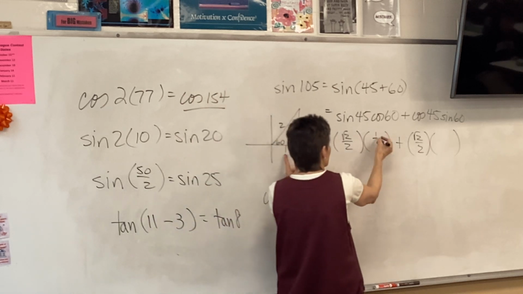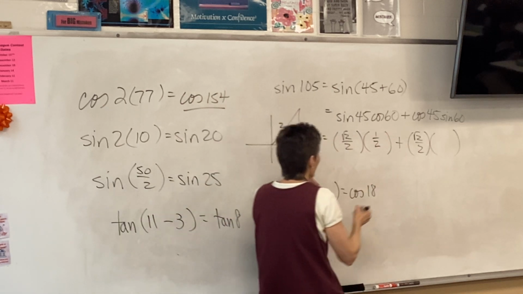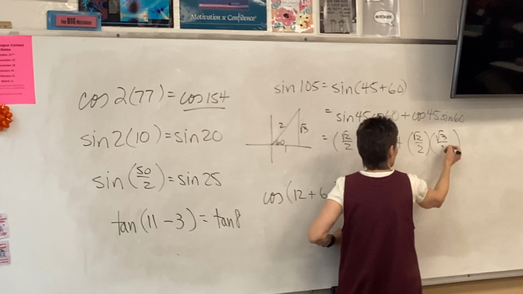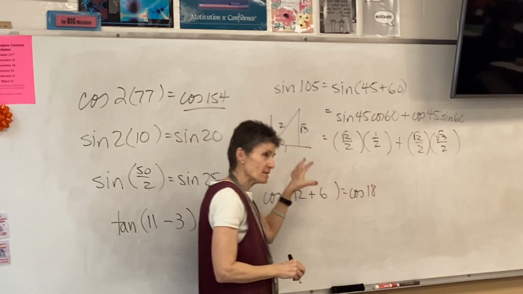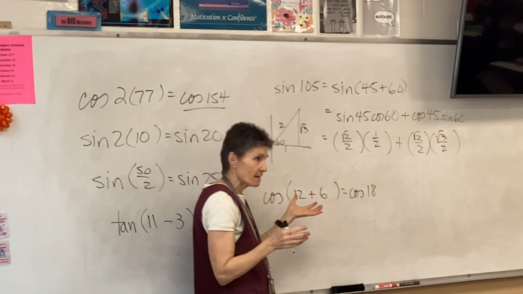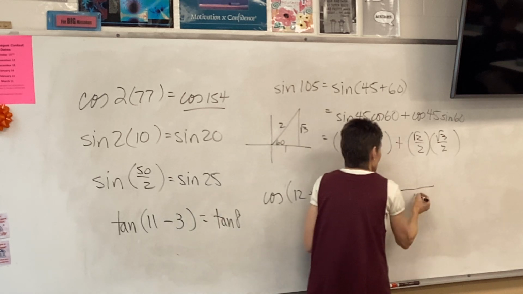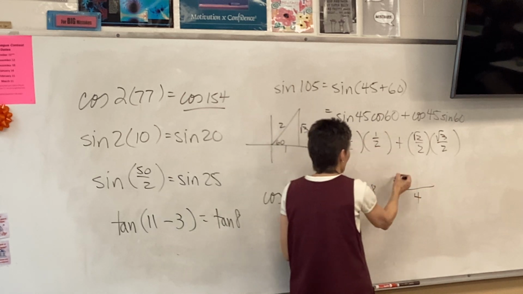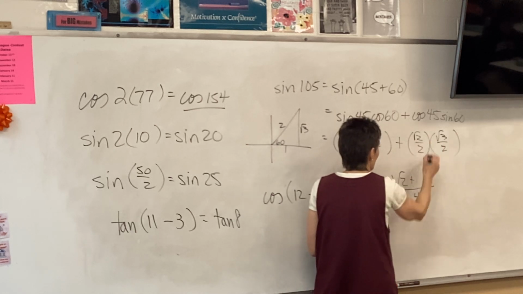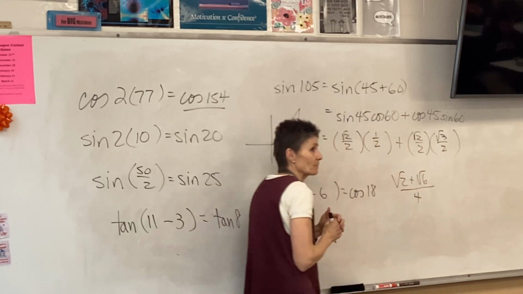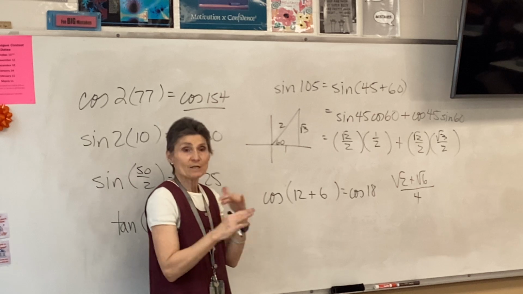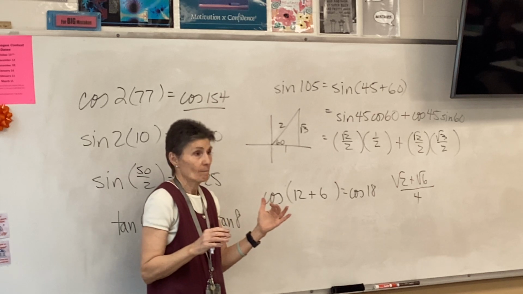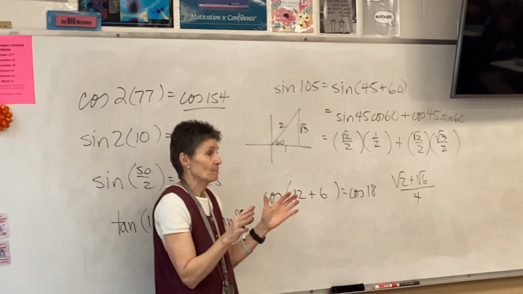Cosine is 1/2, sine is root 3 over 2. And remember, these are the ones that always end up looking the same. Your denominator's 4, 2 times 2. And your numerator is root 2 plus root 6. And remember, we don't combine those.